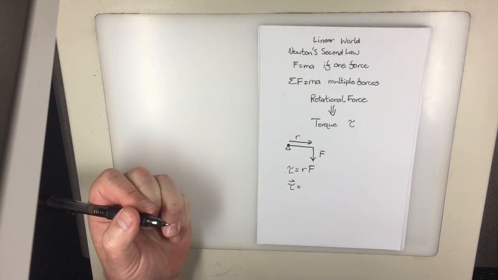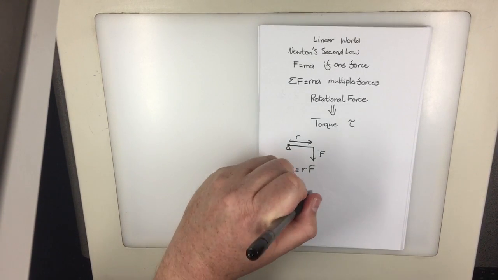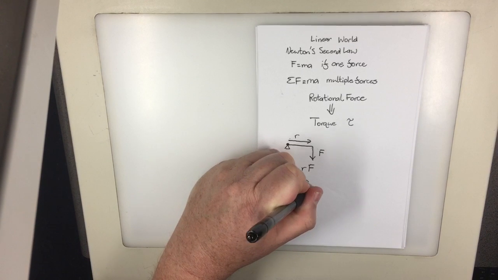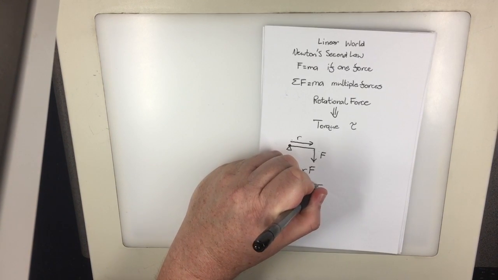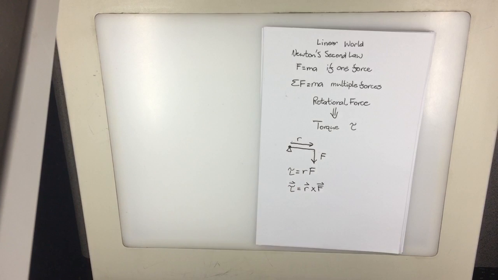Now, torque is also a vector. You can express it as a vector, and that is r cross F. It's a cross product. Remember yesterday we covered the right-hand rule, and this is where the right-hand rule comes from.